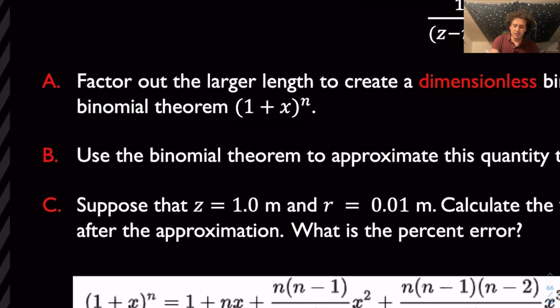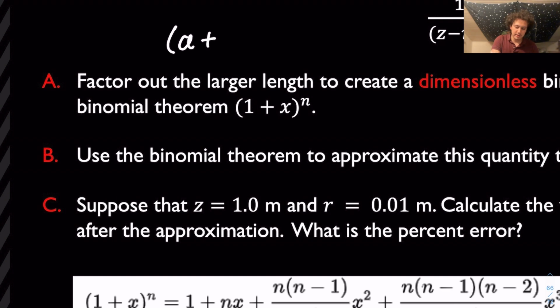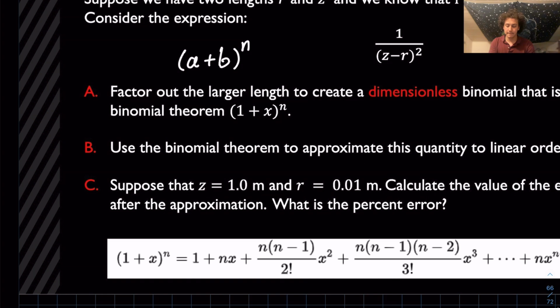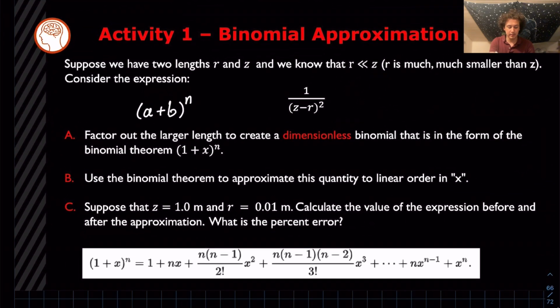And a binomial is just two things, a plus b, added together, right? And then if we raise it to some power n, that'll give us our ability to make it in the binomial theorem and be able to use what we have right here.